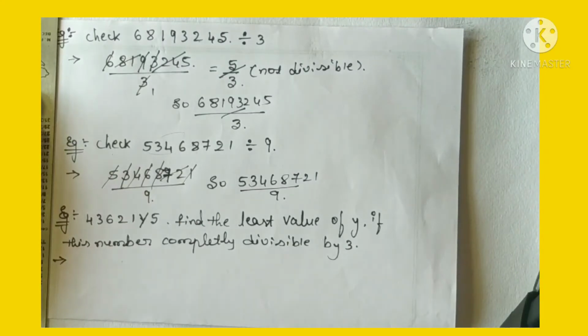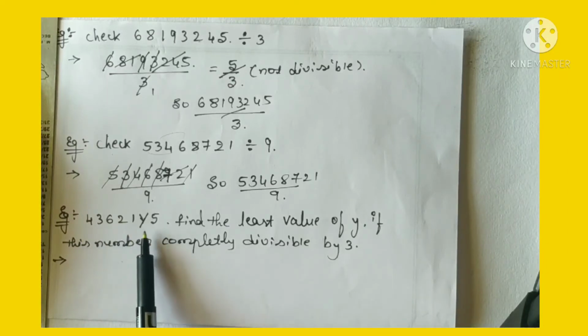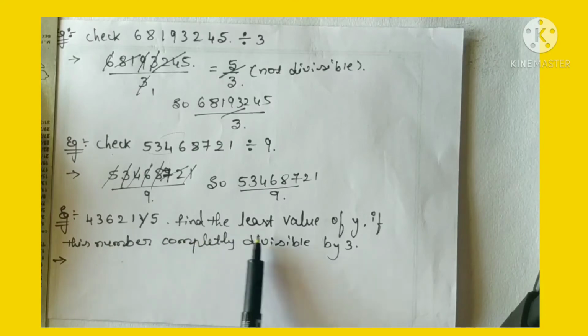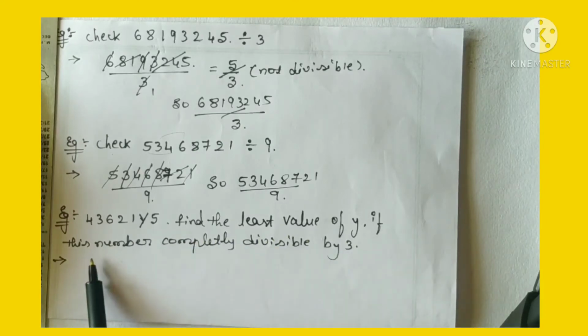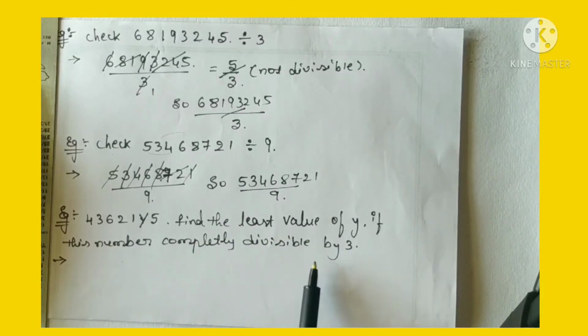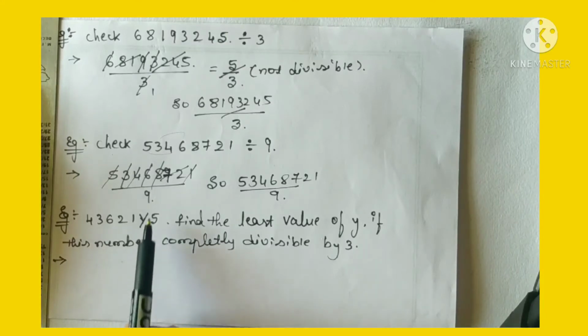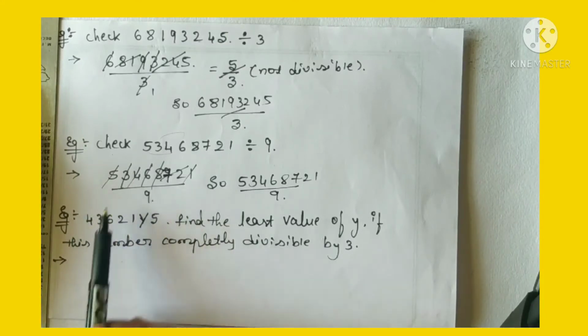One more example for the divisibility rule of 3 and 9: 4 3 6 2 1 y 5. Find the least value of y if this number is completely divisible by 3.